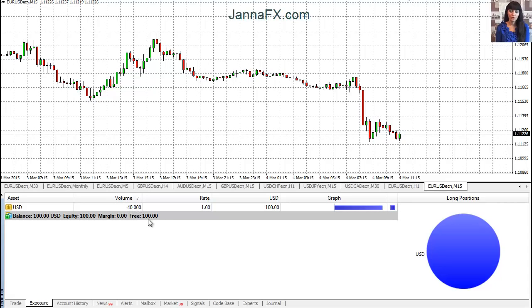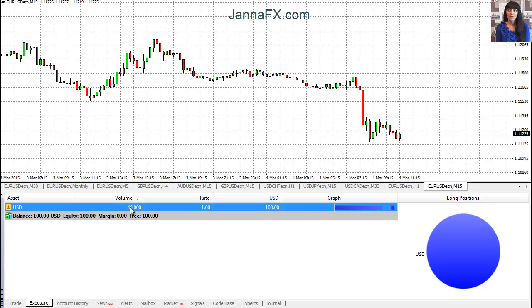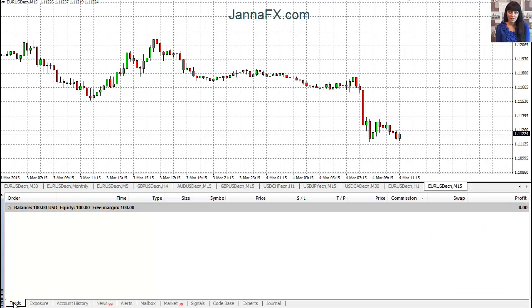That means you can open and close, you can buy, sell mini lots and micro lots. So you know that this is not enough to trade one lot, and that's quite important, because some people are trying to invest $100 at 1 to 400 leverage and trying to open one lot.